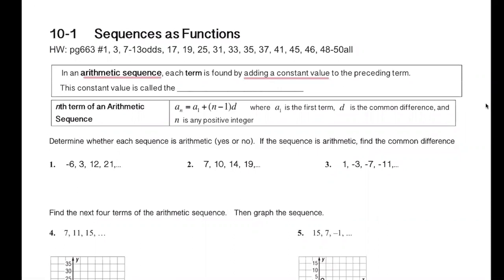For example, if I had this arithmetic sequence, let's say 2, 4, 6, 8, 10, dot dot dot. That's an arithmetic sequence because every single time, if I want to get to the next term, I would add 2.